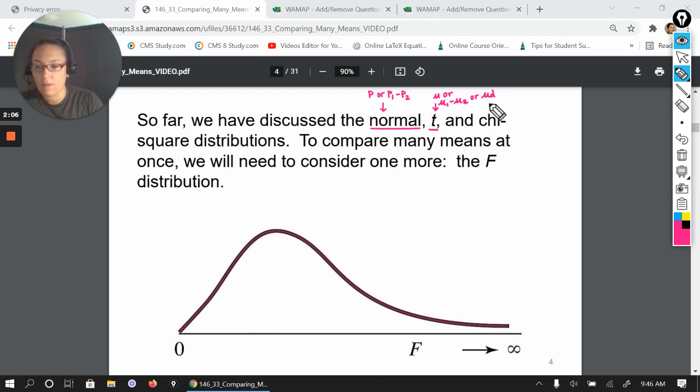And we've also talked about chi-square distributions. And those ones compare many proportions. So to compare many means at once, we will need to consider one more distribution, which is called the F distribution.